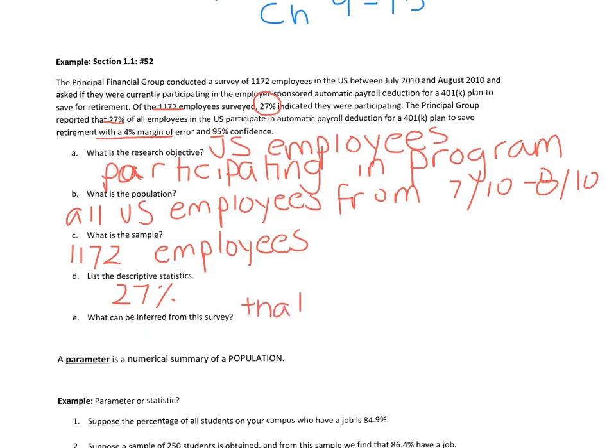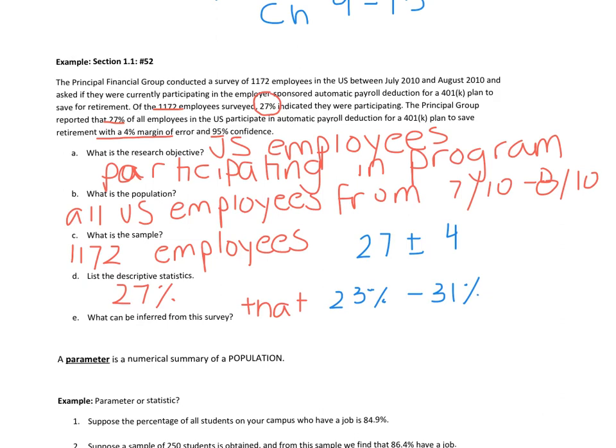Let's see, here's 27%. I'll write it in a different color. Let's add and subtract that 4% margin of error. So 27 minus 4 is 23%. And 27 plus 4 is 31%. All right, so what can we infer?